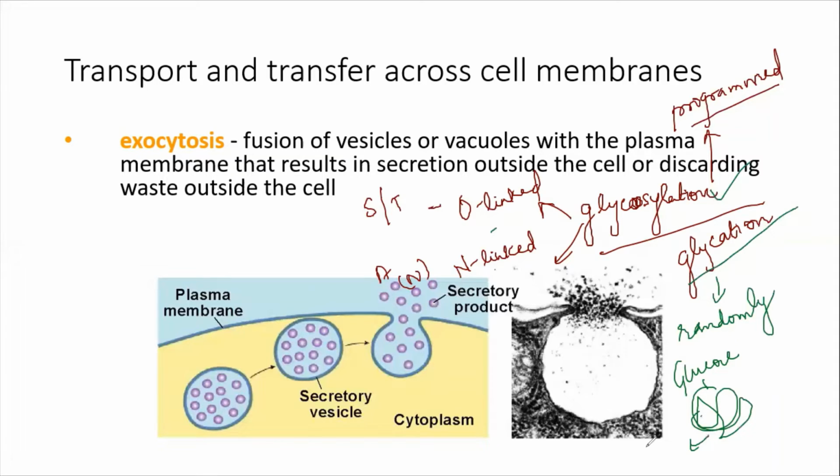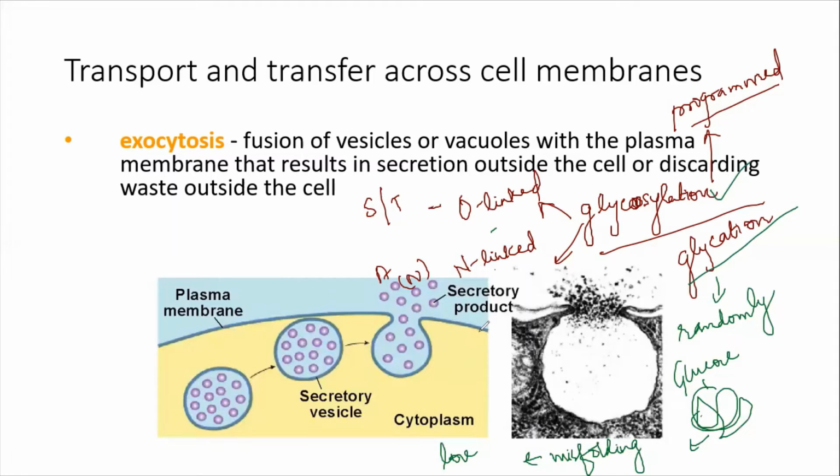This will result in the misfolding of the proteins, correct? Because you bound it anywhere, it is going to change the structure of the protein. Now, if there is a structural change, what will happen to the function of the protein? It will lose its function, correct? Agree?